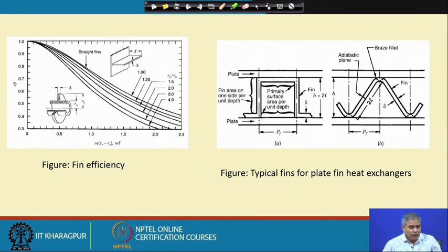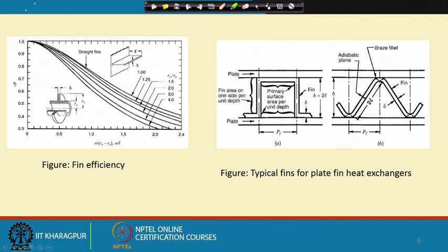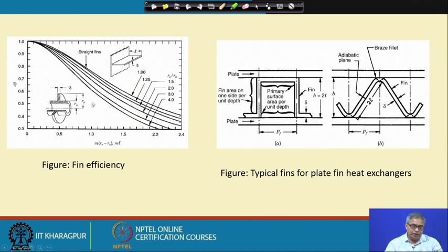For the straight fin we need the hyperbolic trigonometric function, and for the circular fin we need the Bessel function. To avoid this, for quick calculation, this graph will be very useful. So, these are the data given for the solution of the problem.